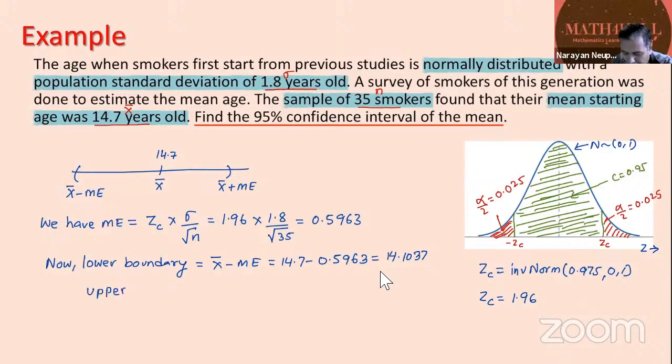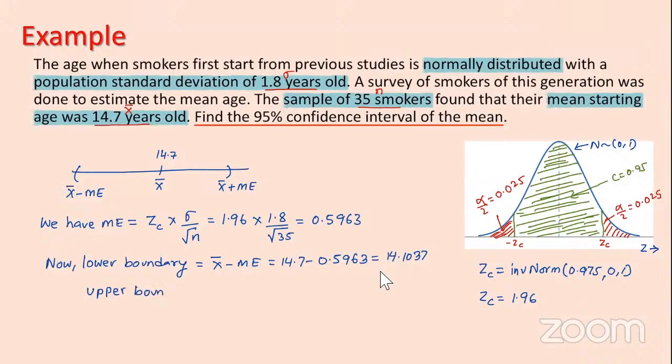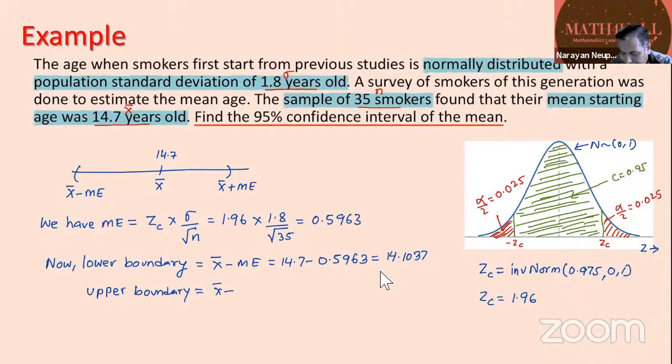Now, similarly, if I want to find upper boundary, it will be X bar, the mean, plus margin of error. So that is equal to 14.7 plus 0.5963. Okay, so now please use your calculator, add those two values and tell me what you'll get.